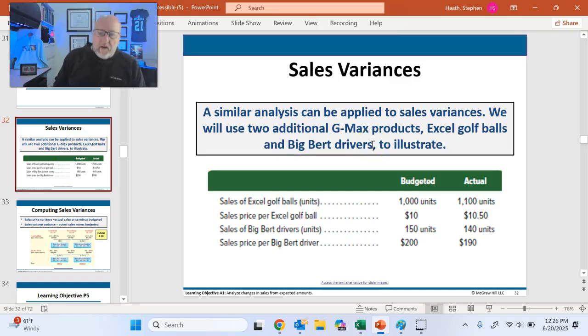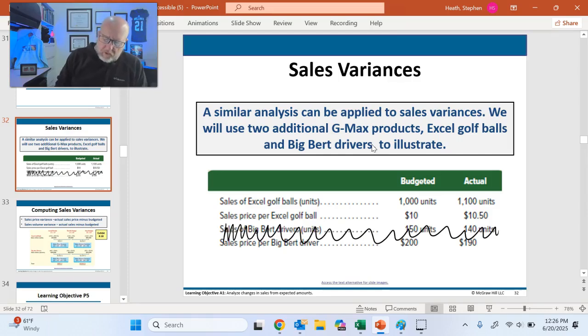For starters, I'm going to ignore the second product. Let's just look at one product, okay? Let's look at the golf balls. Exciting stuff. Okay, so we budgeted 1,000 units at $10 a unit, and then we actually sold 1,100 units at $10.50.